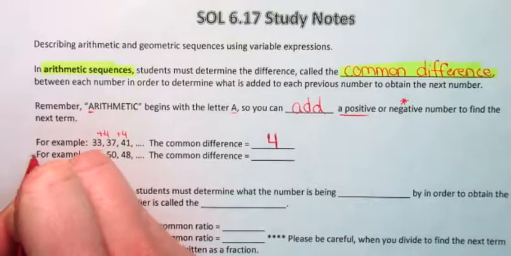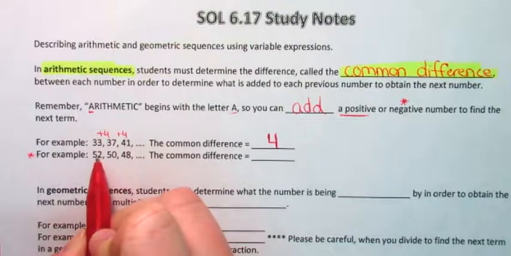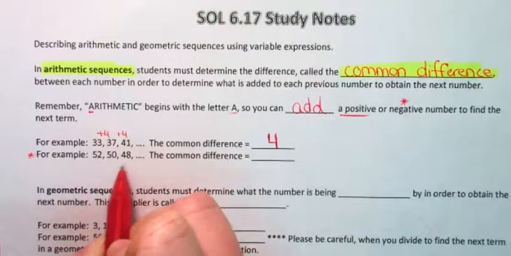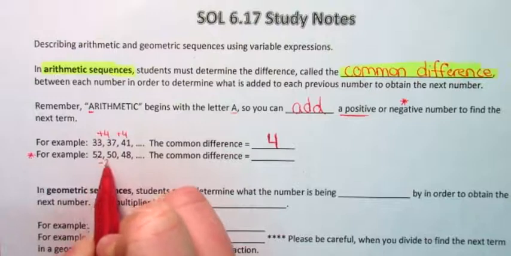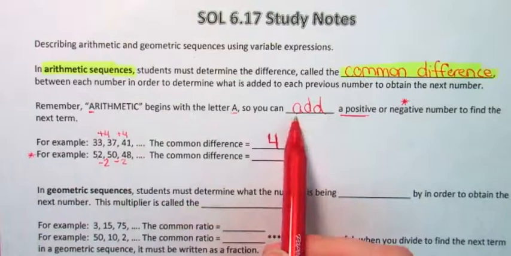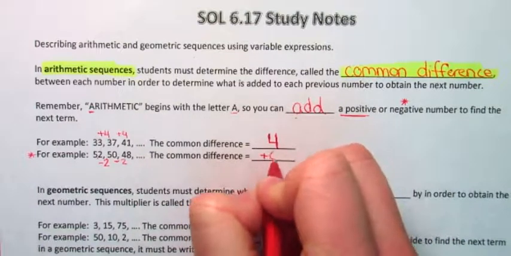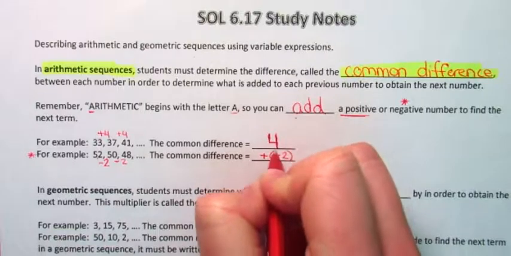Now we'll go ahead and star this one because it's 7th grade, but it doesn't hurt us to review. Let's look here. We're going from 52, 50, 48. I can tell that I'm subtracting 2. Well, arithmetic says we have to add, so we would simply be adding a negative 2.